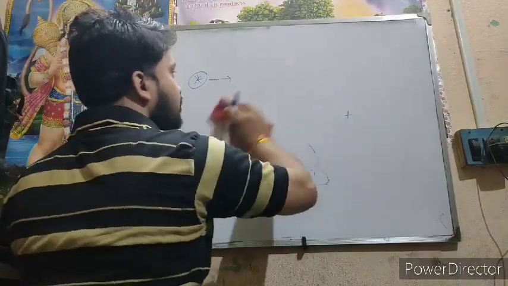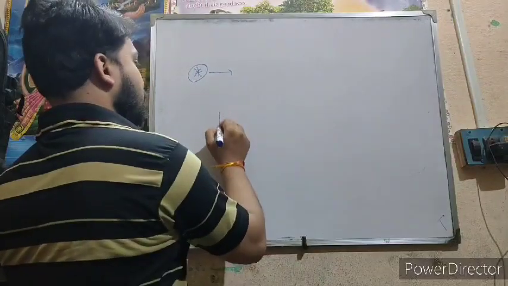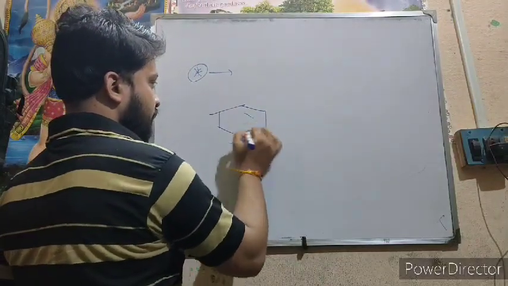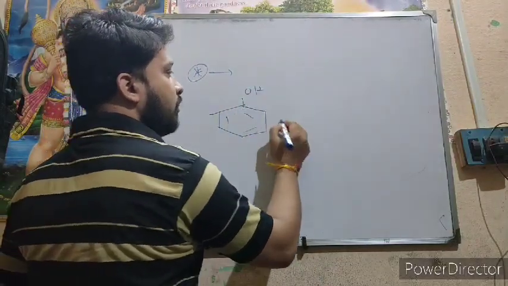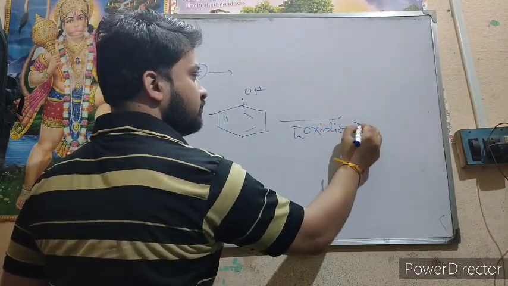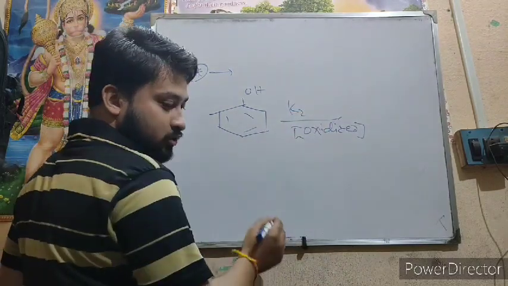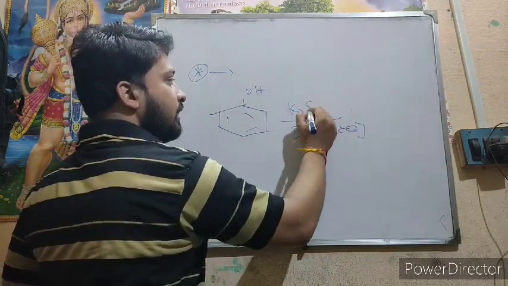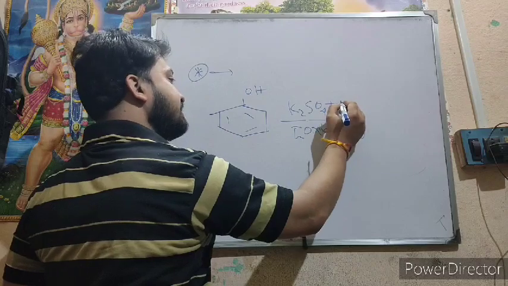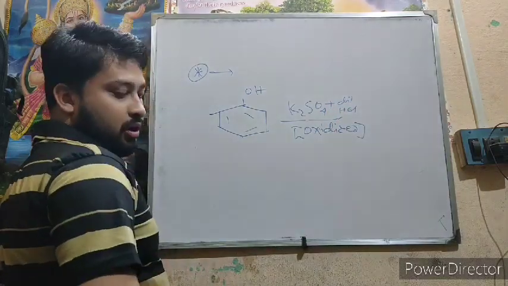Okay, now you can use oxidation. Phenol, if you oxidize it with the help of an oxidizing agent, that may be K2Cr2O7 and dilute HCl, the oxidation occurs.